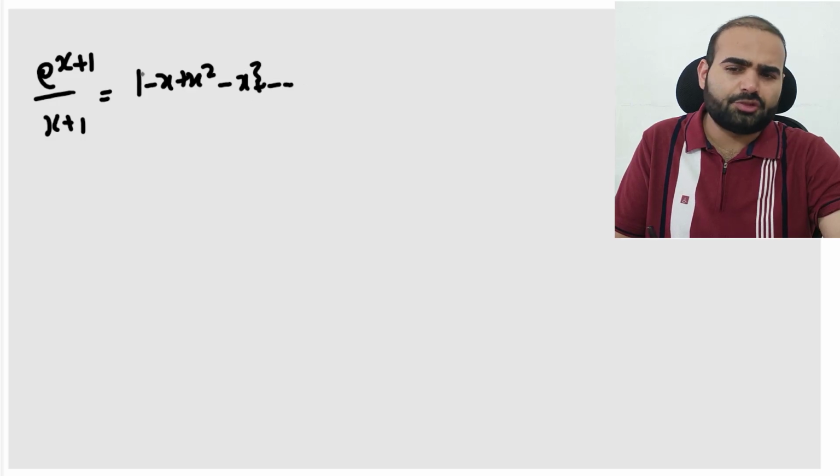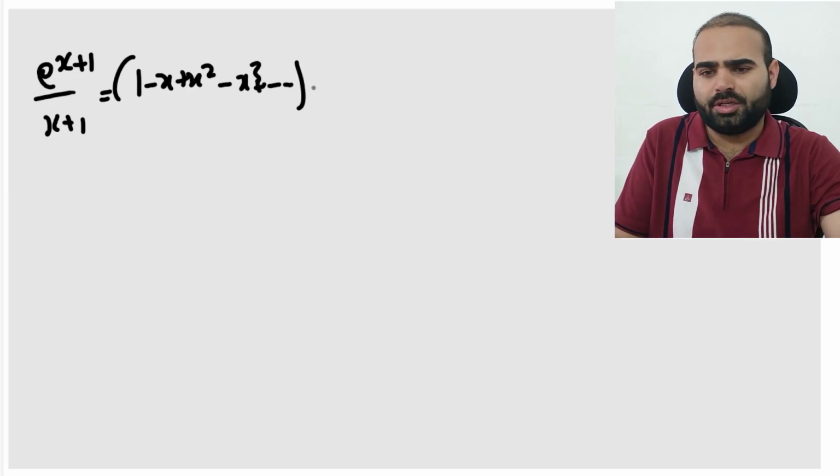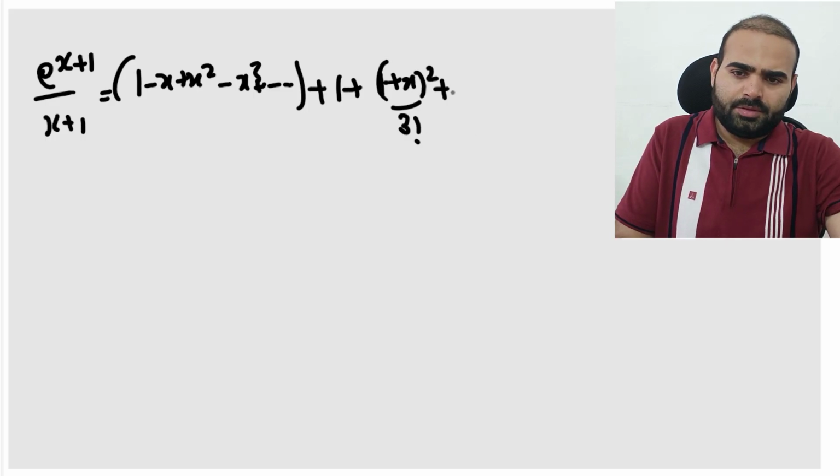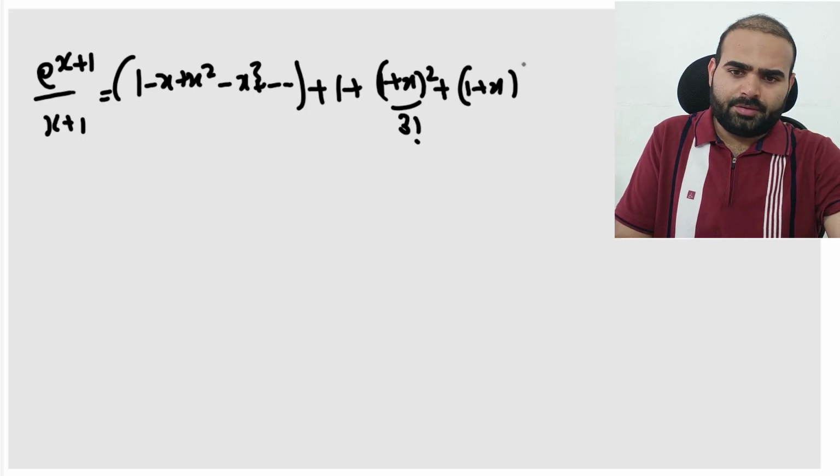It's enough because we just want the coefficient of x square only and nothing else. Then 1, then (1 plus x) power 2 upon 3 factorial plus (1 plus x) power 3 upon 4 factorial and so on.